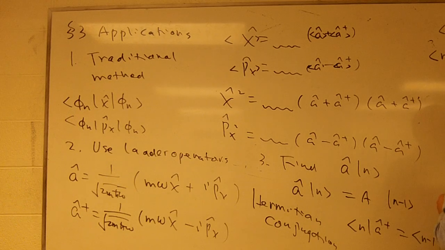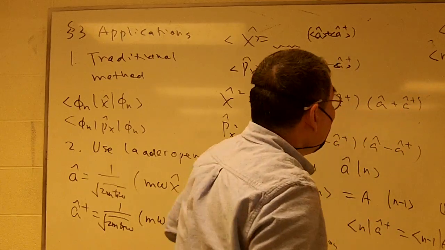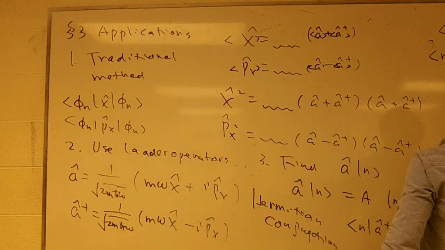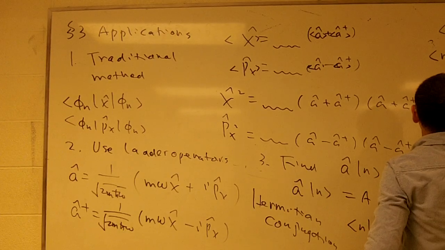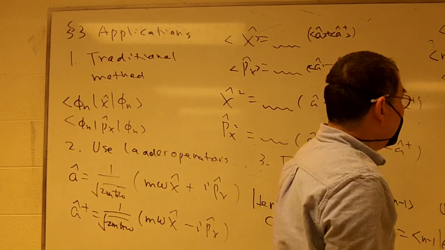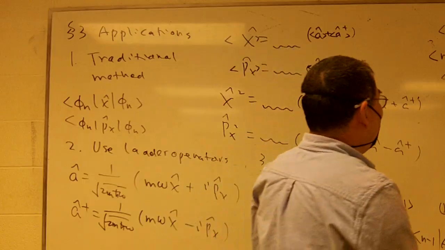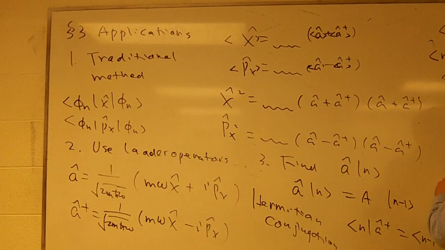Now this will equal N squared, because N minus 1 with N minus 1 is normalized and equals 1. And this term here just equals N. So therefore, here I use the relationship. Could you guys write this down? Everybody write this down.